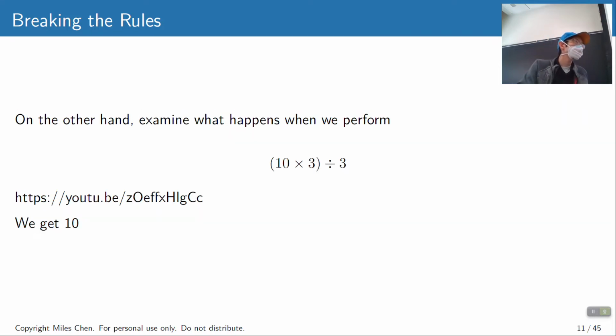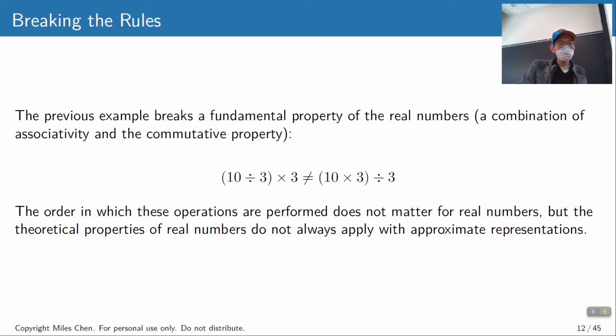Right? Now this might not seem all that strange, but if you stop and think about it, we have broken one of the very fundamental rules in mathematics, that the order in which you do these things, this associative property of, whether I do 10 times 3 and divide by 3, or 10 divided by 3 and multiply by 3.